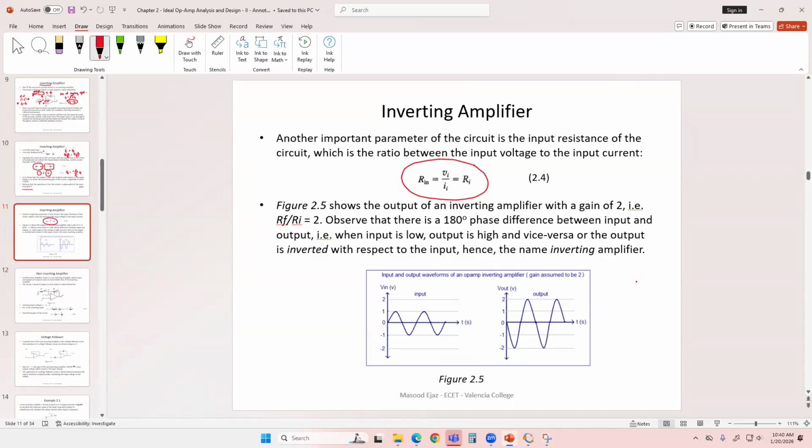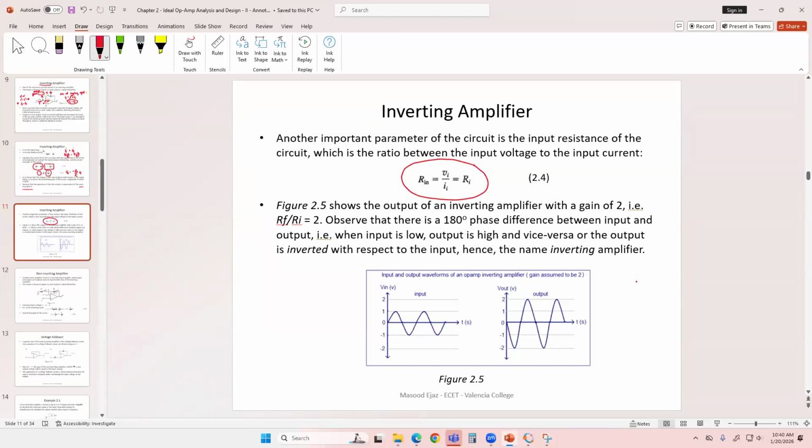And this is just a graph to show the relationship between the input and output of an inverting amplifier with a gain of 2. If your Rf over Ri is 2, and you're giving a sinusoidal input with a peak value of 1, the output of the inverting amplifier is going to look like this.